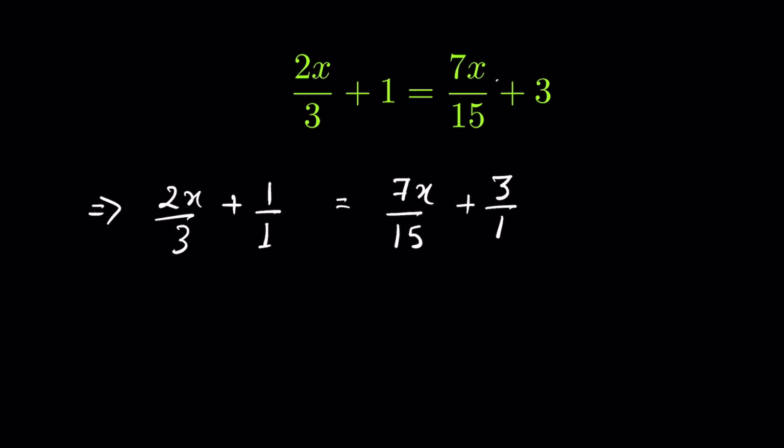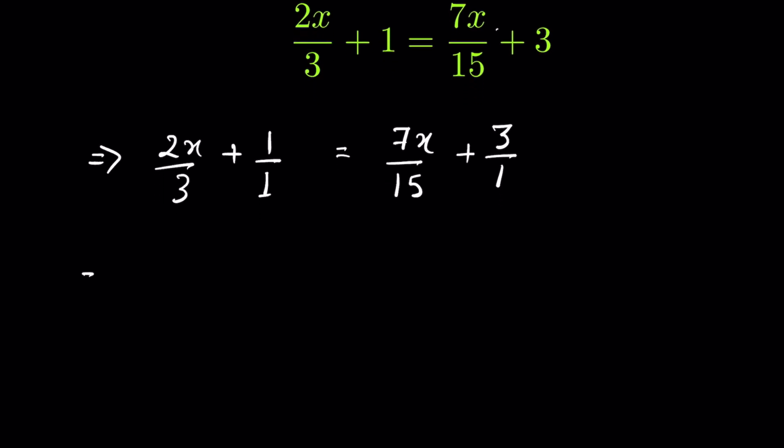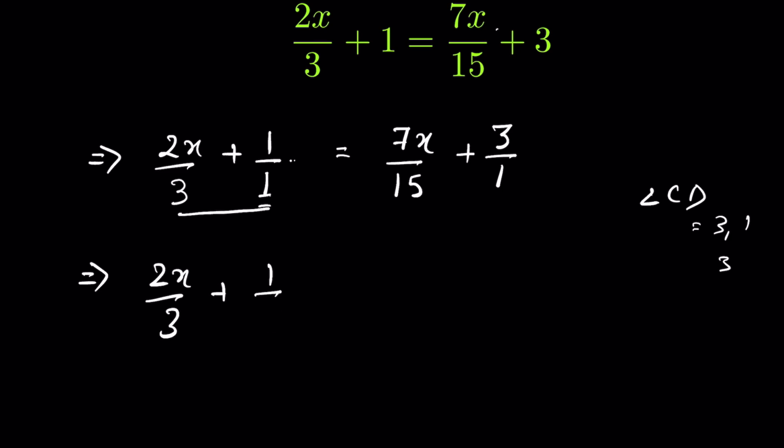Now all the numbers are in fraction form. So let's do the addition of fractions. Get the common denominator. Either we can get the LCD of 3 and 1, which will be 3, or we can get the common denominator by multiplying 1 upon 1 by 3 upon 3.